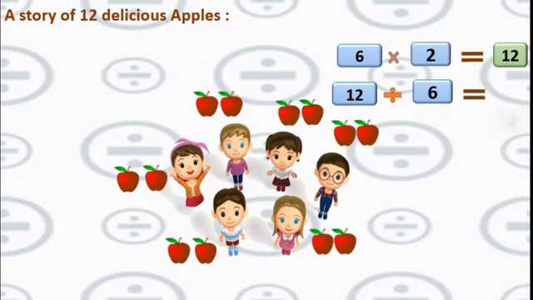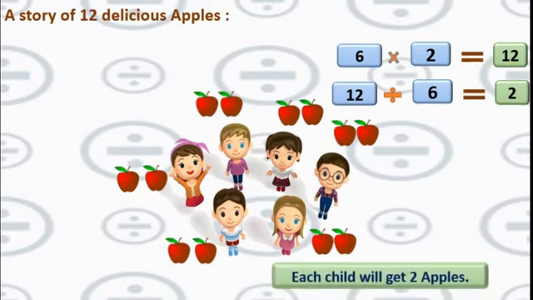So 6 1s are 6, 6 2s are 12. Means each child got 2 apples. Isn't it? This is the interrelationship between division and multiplication. Now in the next level, what will happen? We'll see.